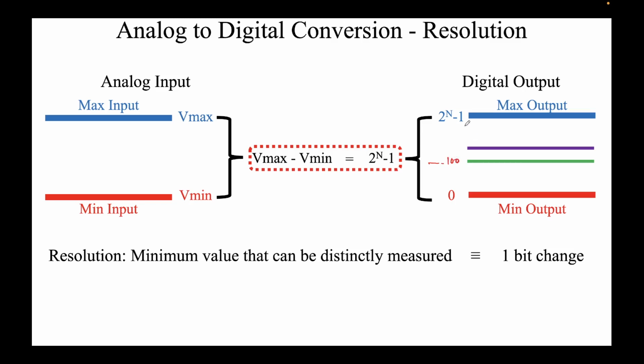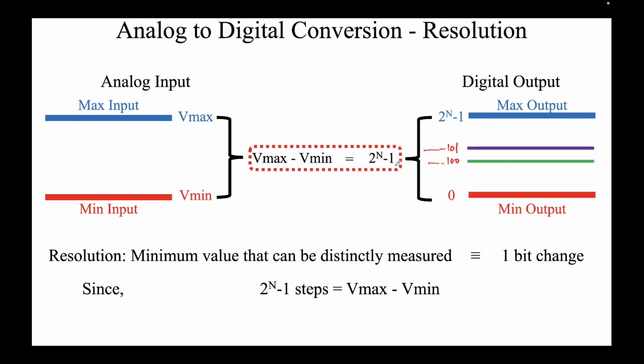The immediately next value has to be dash dash 101. Just the 1 bit change, that's all we should see. And if we are distinctly able to measure that, that will be the resolution. So a 1 bit change on the digital side is the resolution, right?